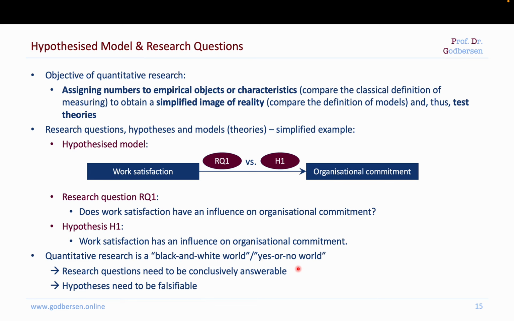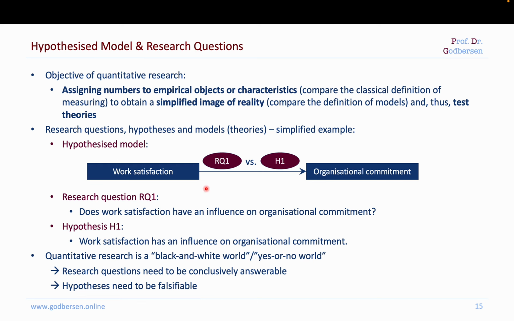There's nothing in between. It's oversimplifying. So research questions have to be clearly answerable, yes or no. Hypotheses need to be falsifiable. That's okay for the moment, or no, it's wrong. Keep this always in the back of your mind. Quantitative research is a black and white or a yes or no world.